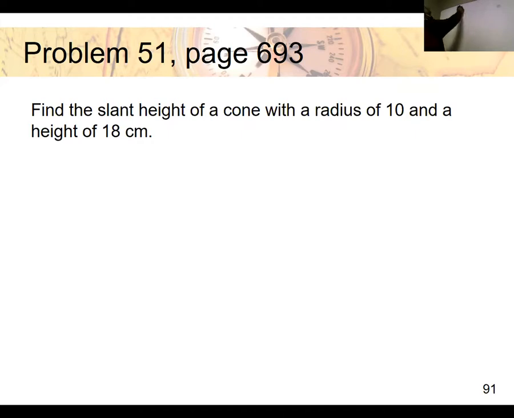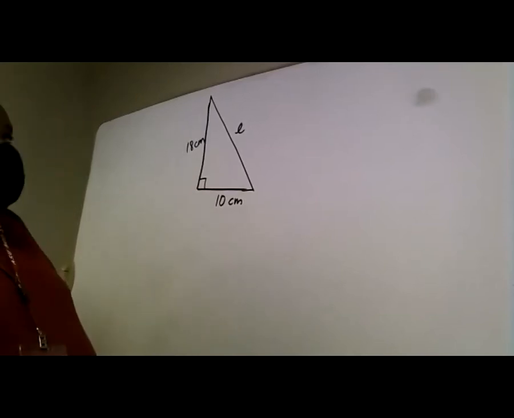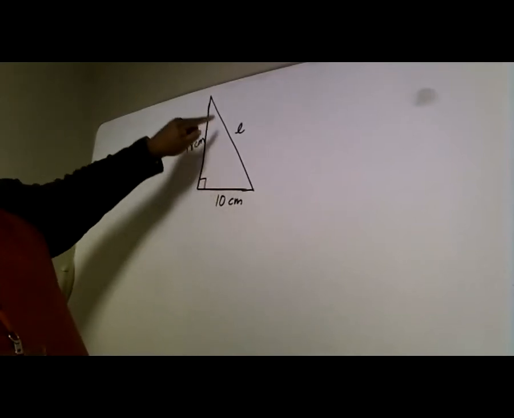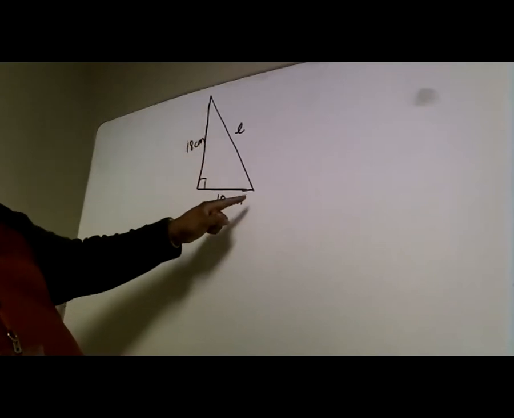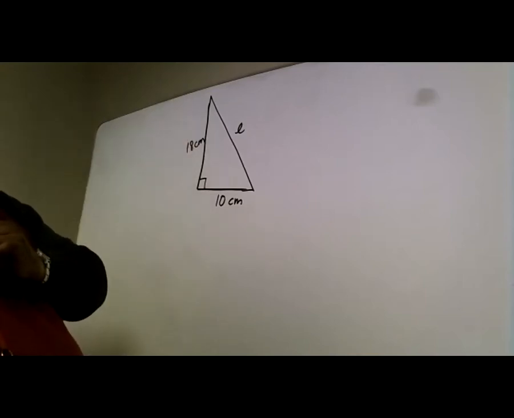So we're looking for the slant height, which is lowercase l. So in this case, this is what the right triangle would look like. So this is the slant height that we're looking for here. The radius is down here, that's 10 centimeters. The height goes straight up and down, that's 18.